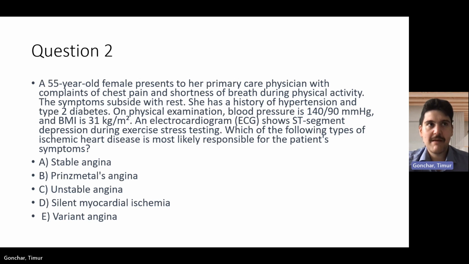I wanted to mention them in the next video, but just let me tell you that there is some sort of heart vessel spasm in this disease, which is not permanent, but it can be precipitated by cocaine or methamphetamine use, or through smoking.